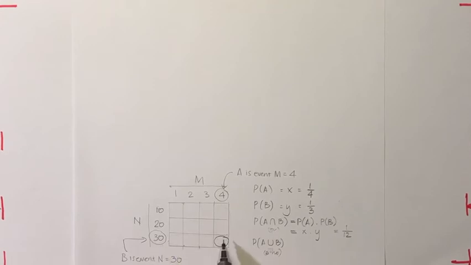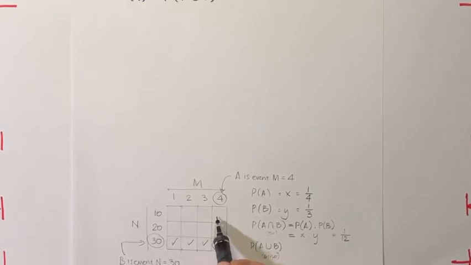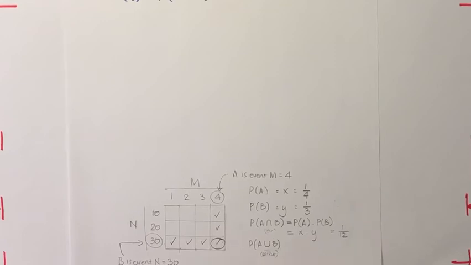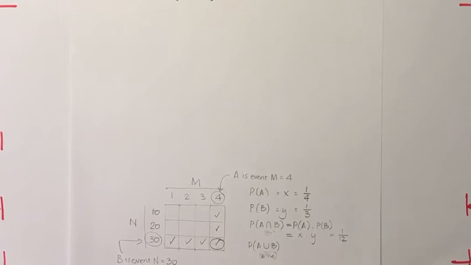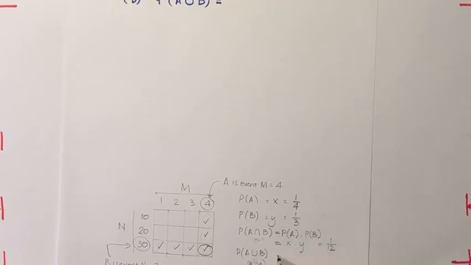So what is the probability of N choosing 30 or M choosing 4? In other words, either one. This would be these boxes. So we're going to tick these 4 boxes and tick that 3 boxes as well. So we can see that there are 6 boxes here out of 12. That's obviously half.